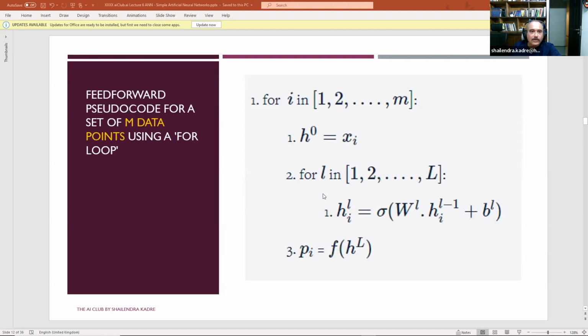Then I want to tell you the feed forward pseudocode for m data points. So for m data points means suppose you have m number of rows in your data set. Your first loop runs from the first data point to your m-th data point, first row to m-th row. Then you first initialize your first output.